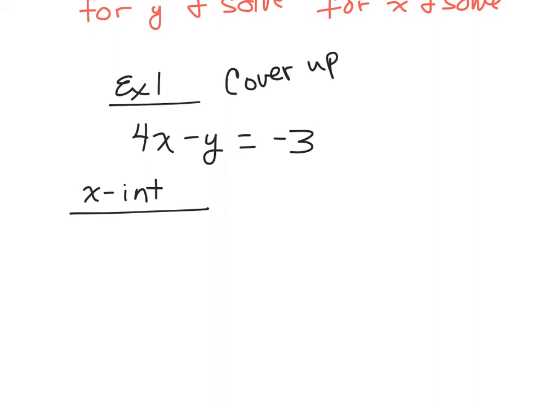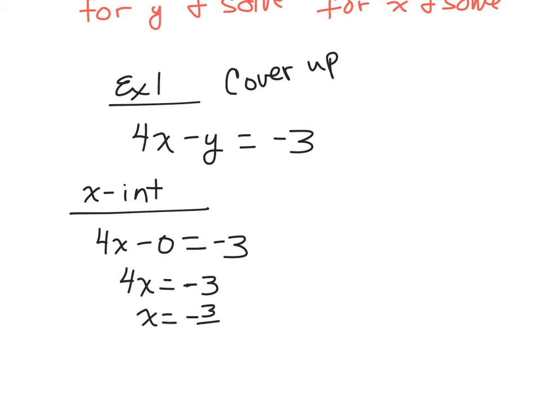If I put 0 in for y, I would have 4x minus 0 equal to negative 3, which gives me 4x equal to negative 3, which I could have just got by covering up this y right here, right? So to find the x-intercept, cover up the y. 4x equal to negative 3, divide both sides by 4, and x equals negative 3/4.